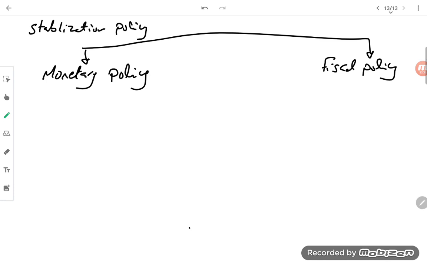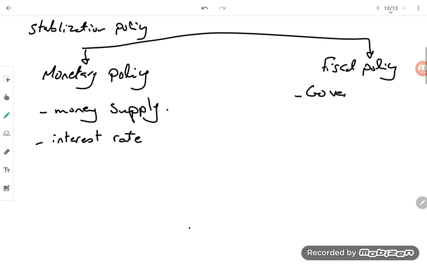Monetary policy tools are money supply and interest rate, while fiscal policy tools are government expenditure and taxes.